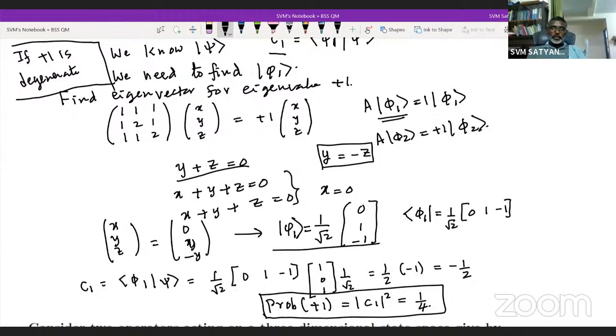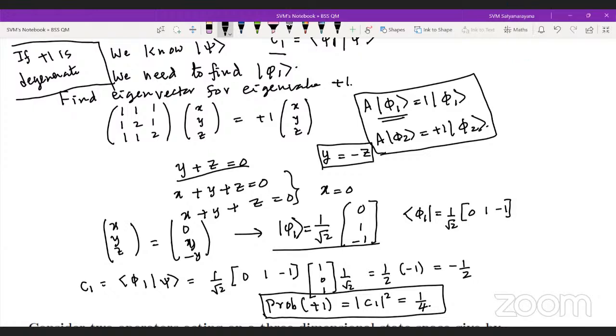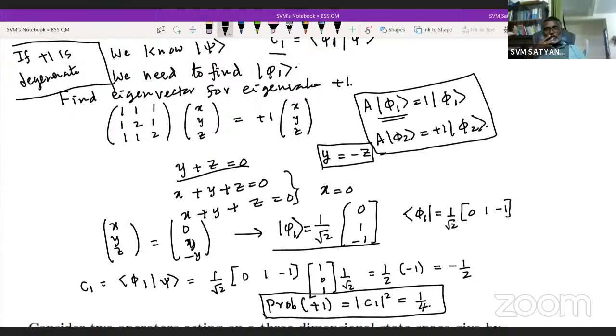Let's say there are two states giving rise to the same eigenvalue. My guess, wild guess, is the addition of probability, because either the particle will be in phi1 or phi2. So the or statement will be there. So addition of probability, not the and statement, because it cannot be simultaneously at two of the levels. Correct. They are mutually exclusive events.